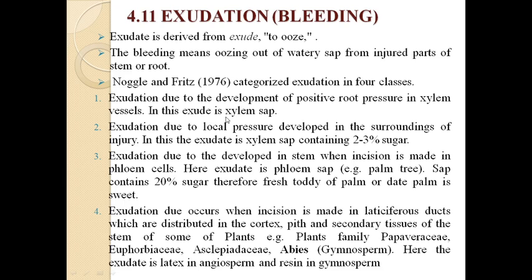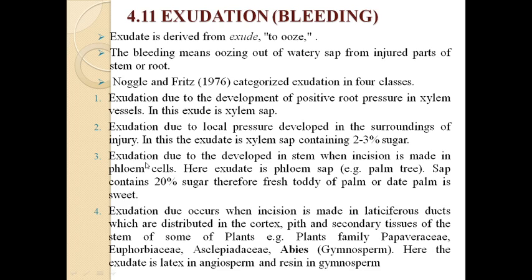In this, the exudate is xylem sap. Then, exudation due to local pressure developed in the surrounding of an injury. In this, the exudate is xylem sap, and this xylem sap contains 2 to 3% of sugar.